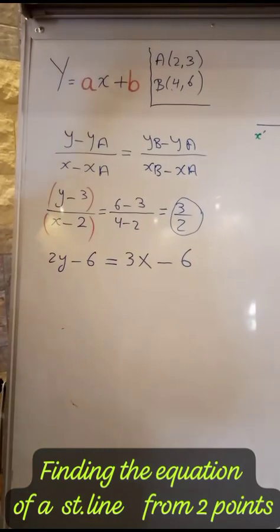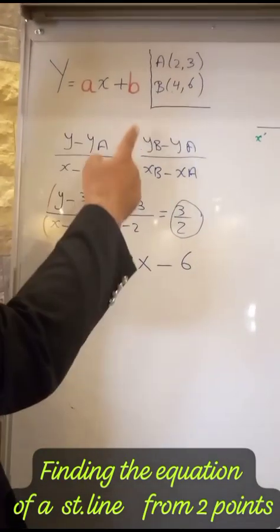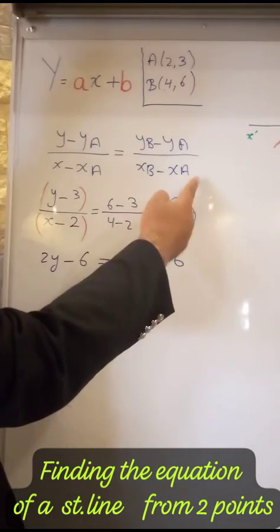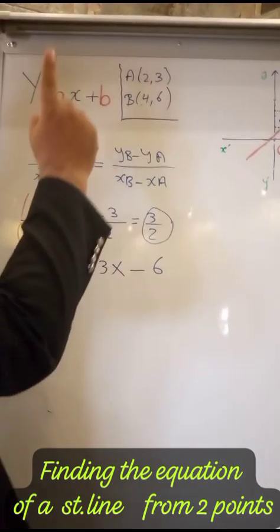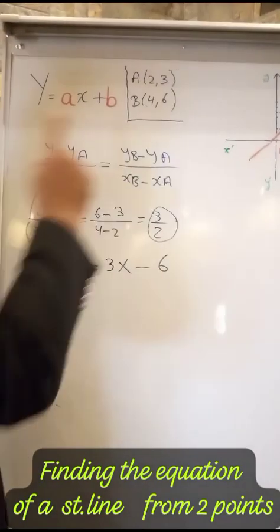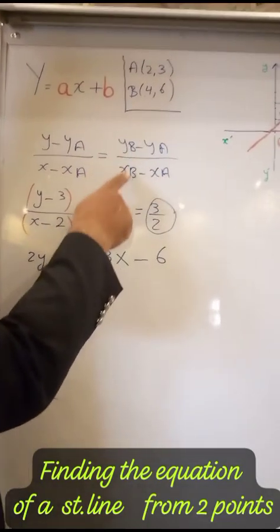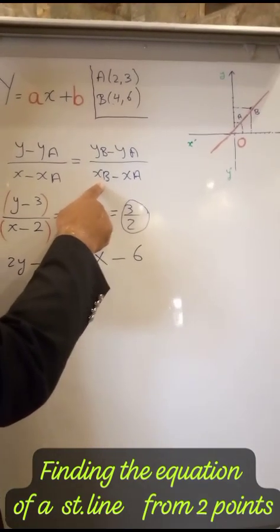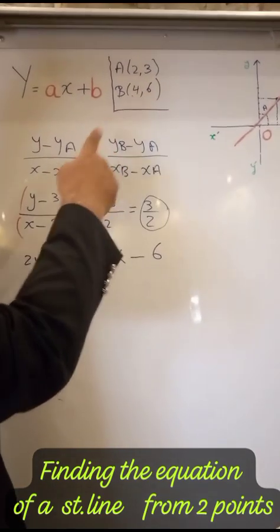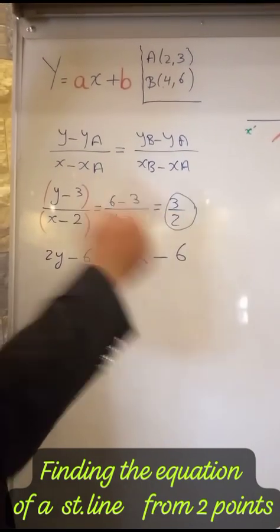Now let's review. y minus ya over x minus xa equals yb minus ya over xb minus xa, with ya equal 3 and xa equal 2, yb equal 6, xb equal 4. Now 6 minus 3 is equal to 3, and 4 minus 2 equals 2.